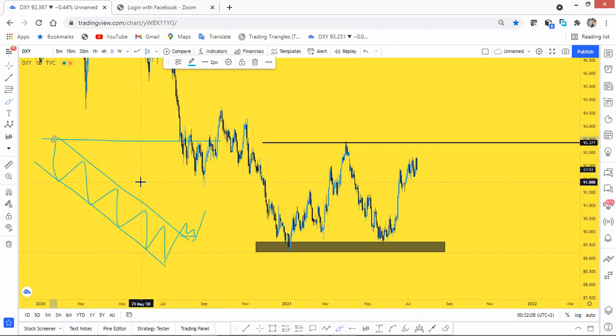Now, the author of our strategy noticed that the market likes to do this. Remember, we are using patterns that repeat themselves over and over again. So he noticed that the market likes to move like this in the form of channels.